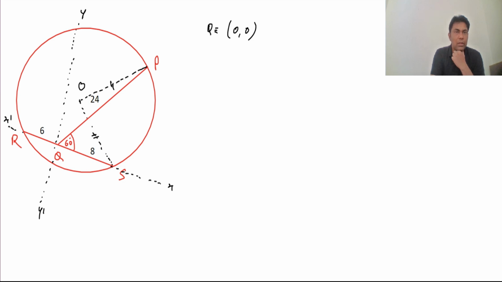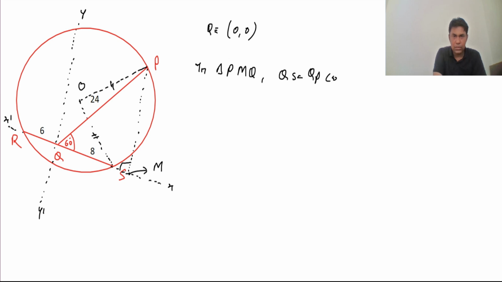Further, we will be using one more construction. If we drop a perpendicular from P on the x-axis, that is the extension of RS, this angle is 90 degrees, and the foot of this perpendicular, let's call it M. So from here we can write the side lengths QM and MP in right angle triangle PMQ. QM will be QP cos 60 degrees, and PM will be QP sin 60 degrees.